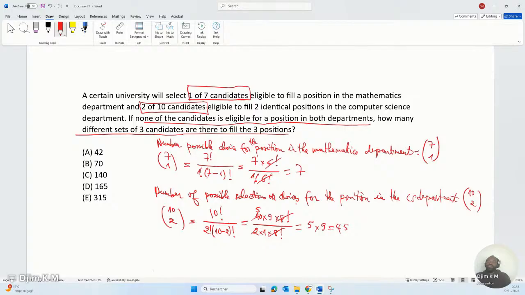So the number of different sets of 3 candidates will be equal to 45 times 7.